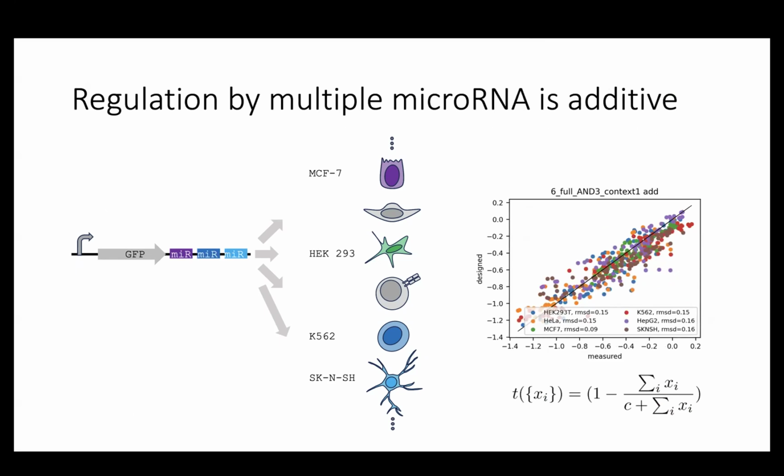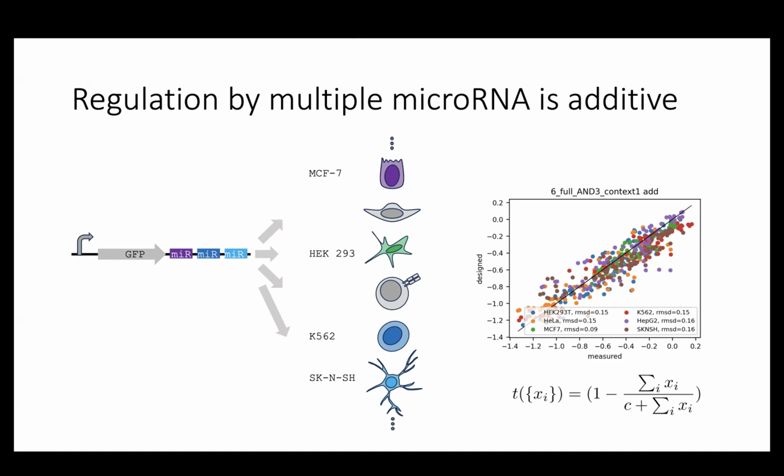Because unlike in the 5'UTR, where we used a deep convolutional neural network to learn the relationship between sequence and function, here we actually have a very simple biophysical model that relates basically just microRNA abundance to mRNA stability.